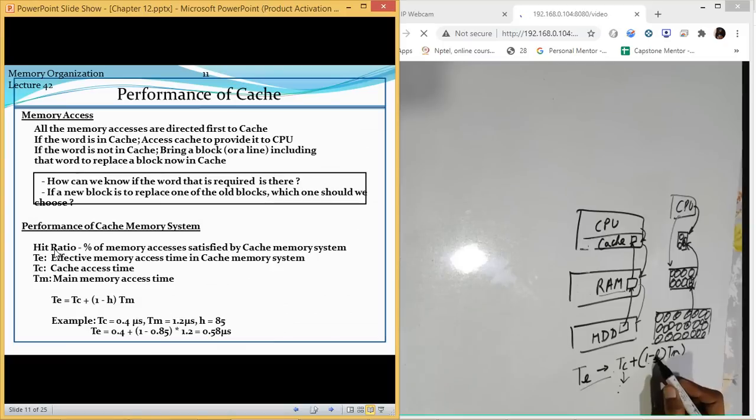H is the number of times your CPU was able to find your data inside the cache.